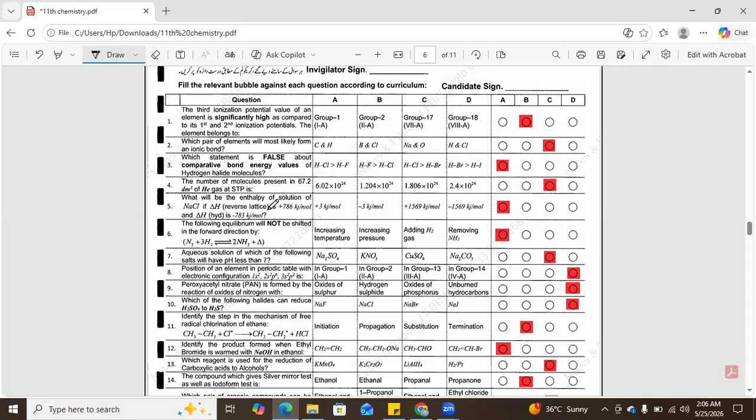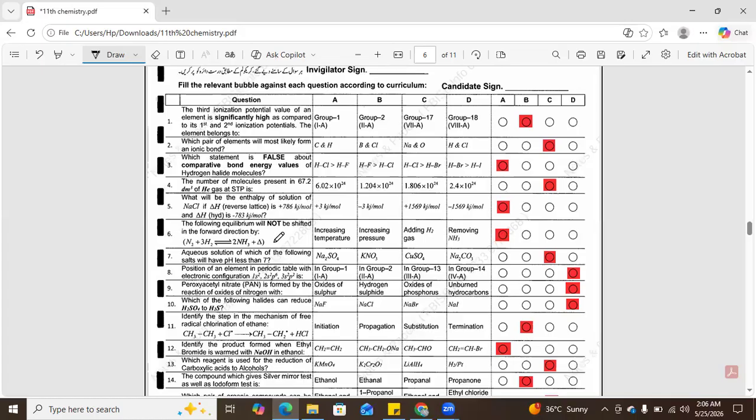What will be the enthalpy of solution of NaCl if the change in heat of reverse lattice is plus 786 kilojoule per mole and the change in heat of hydration is minus 783 kilojoule per mole? So plus 3 kilojoule per mole is the right answer for this one.